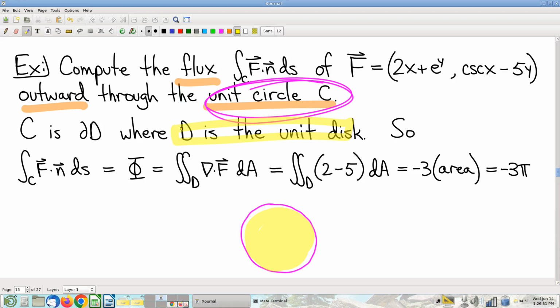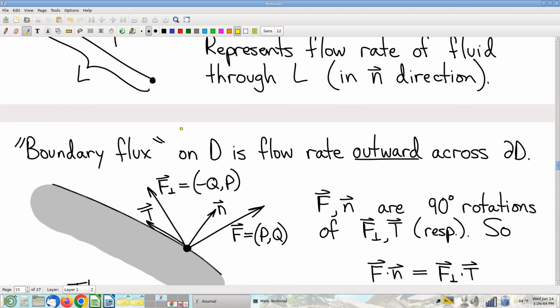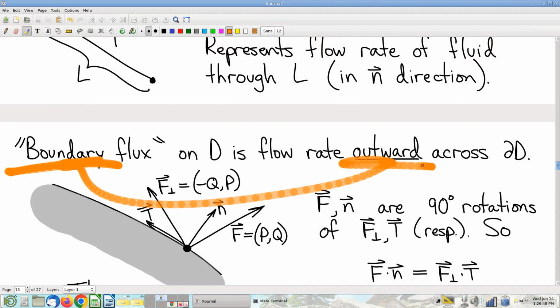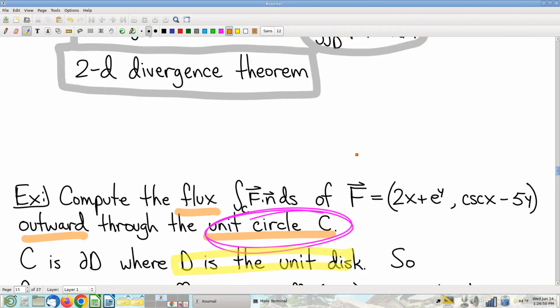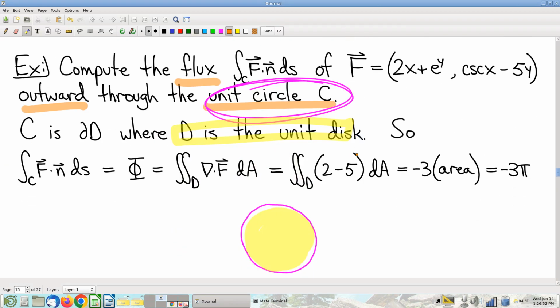Right? Now, wait a second. It's tempting to say we've been asked to compute the flux through a boundary, but remember that the word boundary is a loaded term. Boundary means oriented a specific way. We have to remind ourselves boundary means oriented outward. Have we been asked to compute the flux oriented outward?